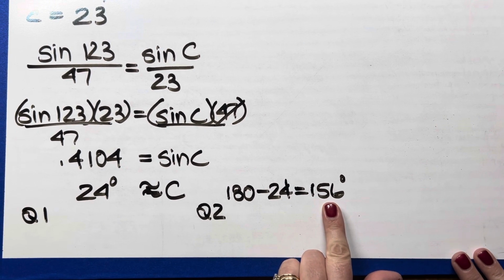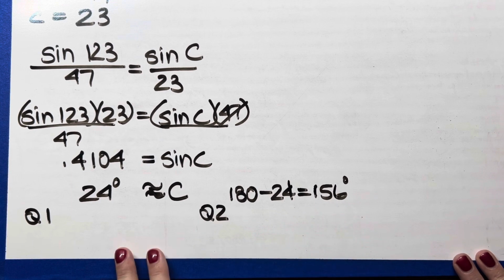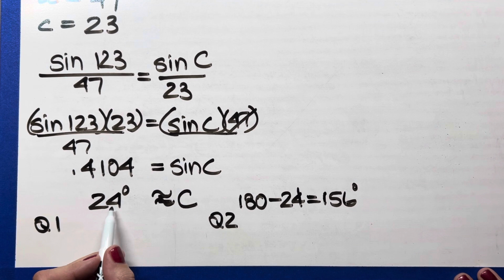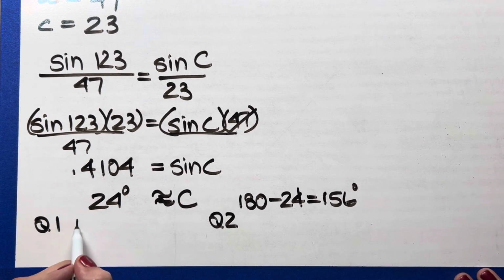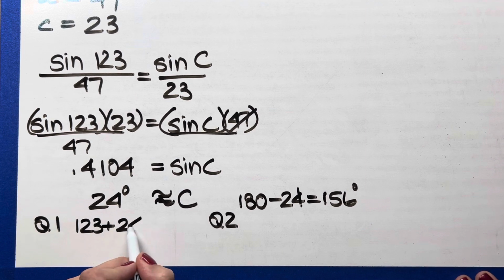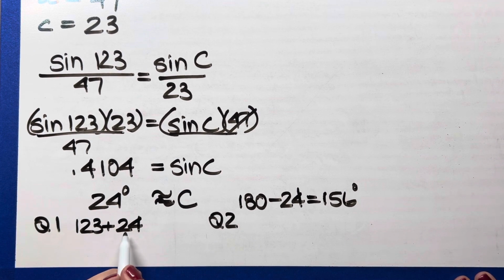So let's see what happens when I test these out against my given information. If this 24 degree angle is going to work, that means I have to take my original 123 degree angle A, add it to my 24, and I get 147 degrees.